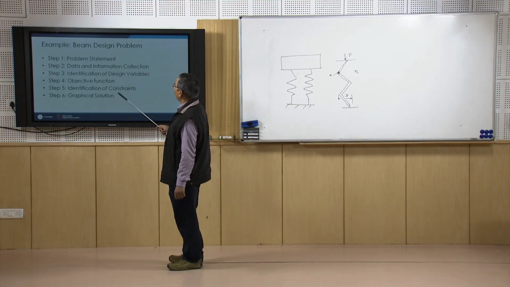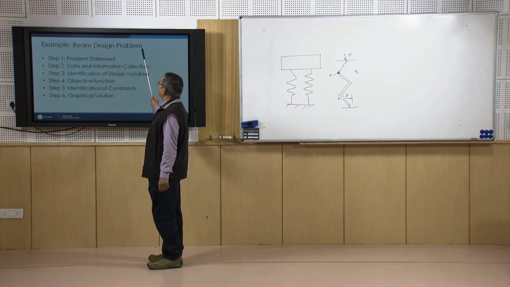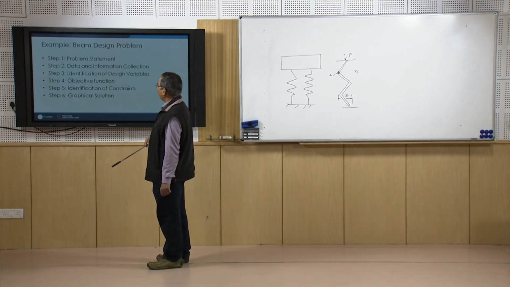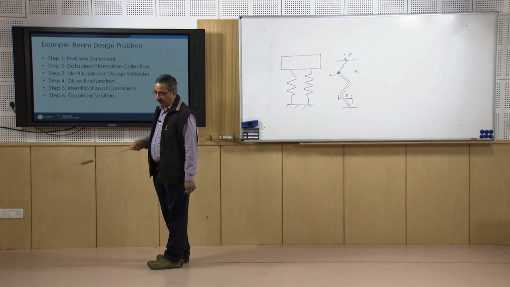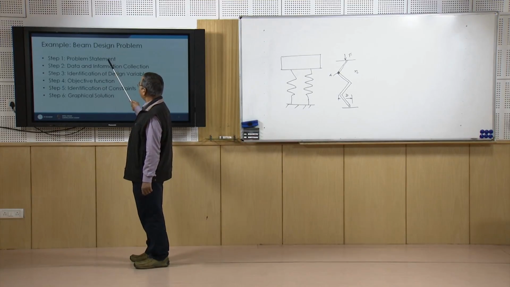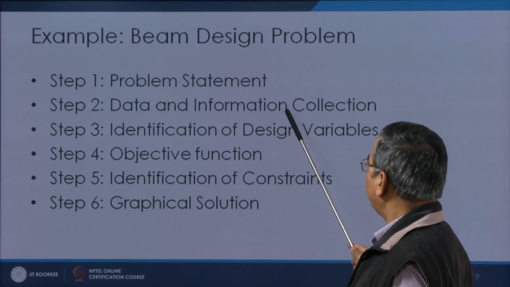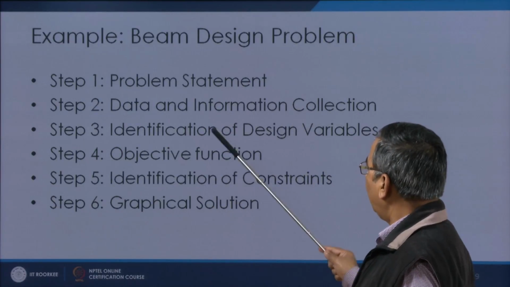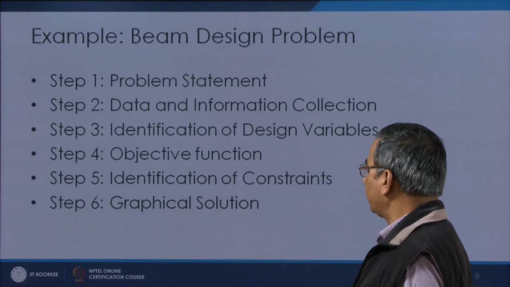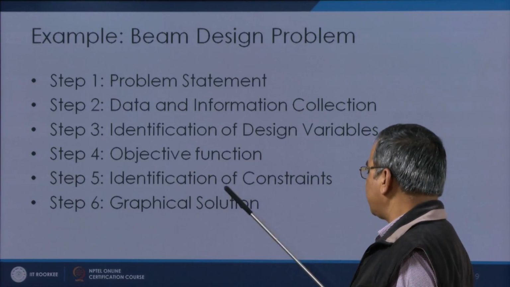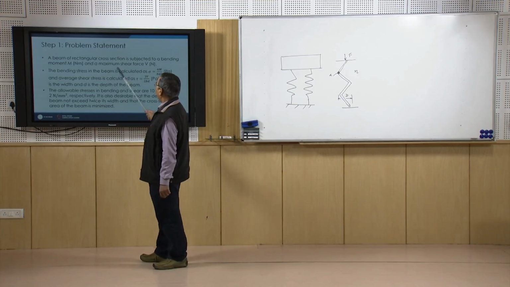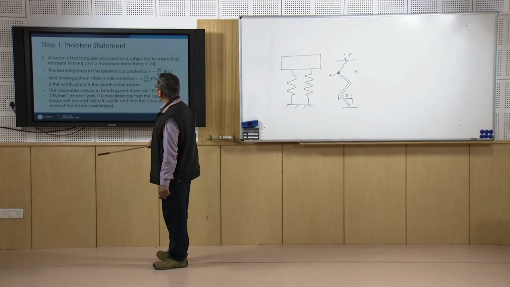So, I am going to take a small example, that is the beam design problem for optimization, and as we have seen in the previous example, first I will give a problem statement and then the data and information collection, identifying what are the design variables, objective function and what are the constraints, and finally we will go for the graphical solution. So, let us see the problem statement.